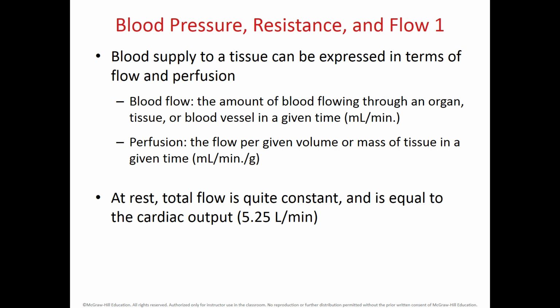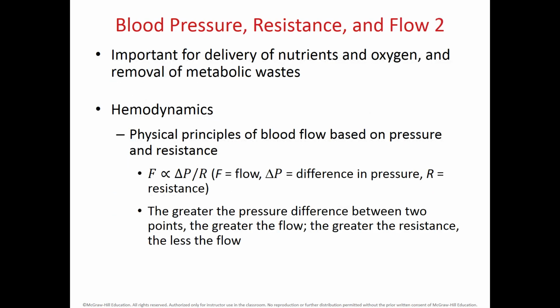And within this cardiac output, you distribute more to the tissues that are more active than others. So blood pressure, resistance, and blood flow are important because they help to deliver the nutrients and oxygen and remove metabolic wastes of the cells whenever they have the need to do so.